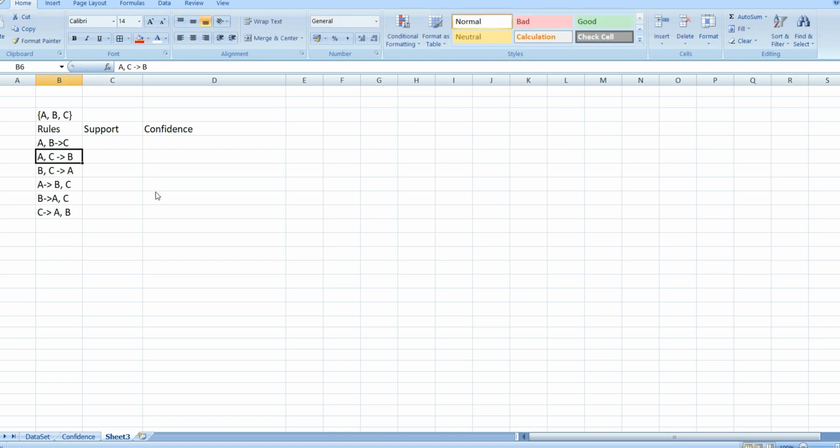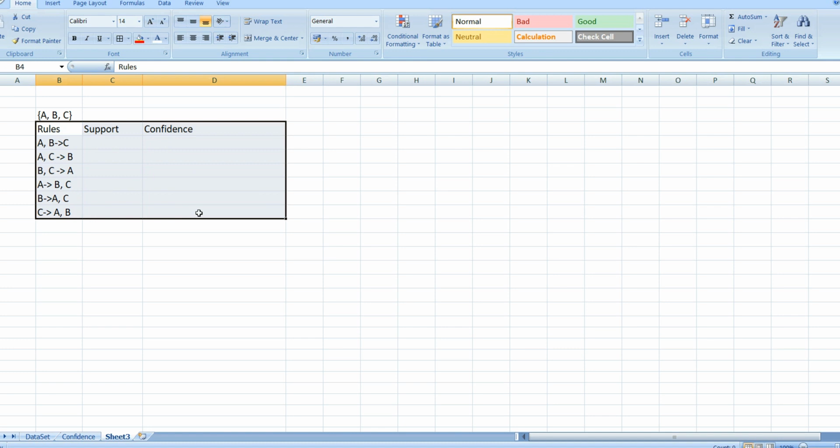Could there be another possible rule? C, a combination of A and B, combination of B, A and C, and B and C. Let's work with those rules. You will find out that the association rules can create as many rules as possible.